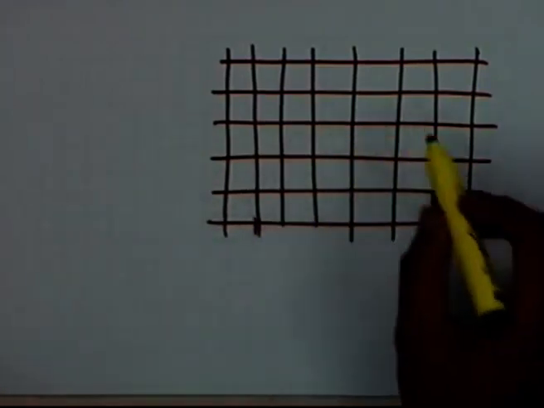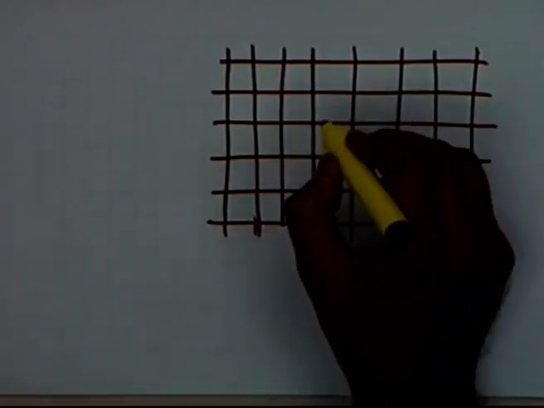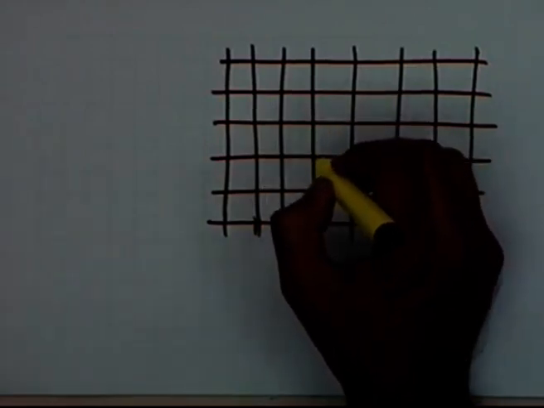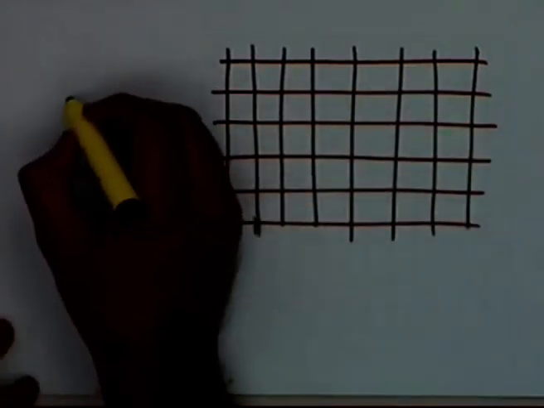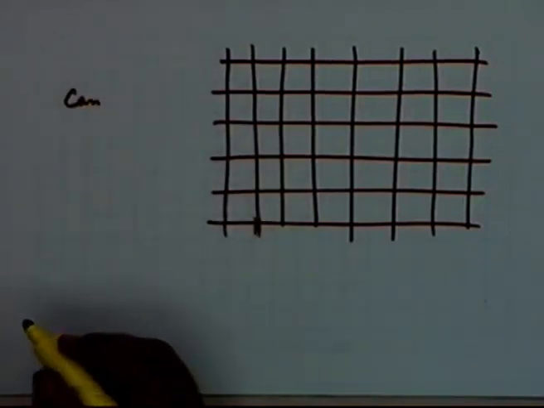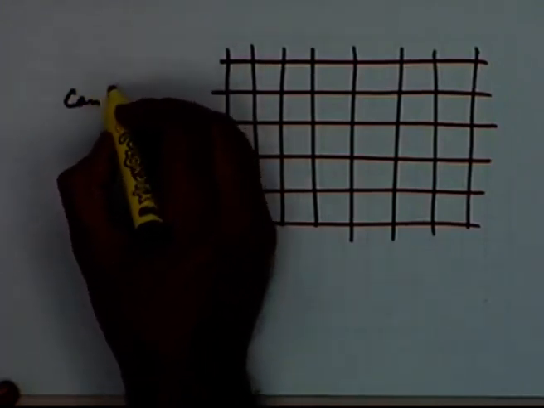Now after creating this grid, you install the measuring devices, which are nothing but small cans known as catch cans.